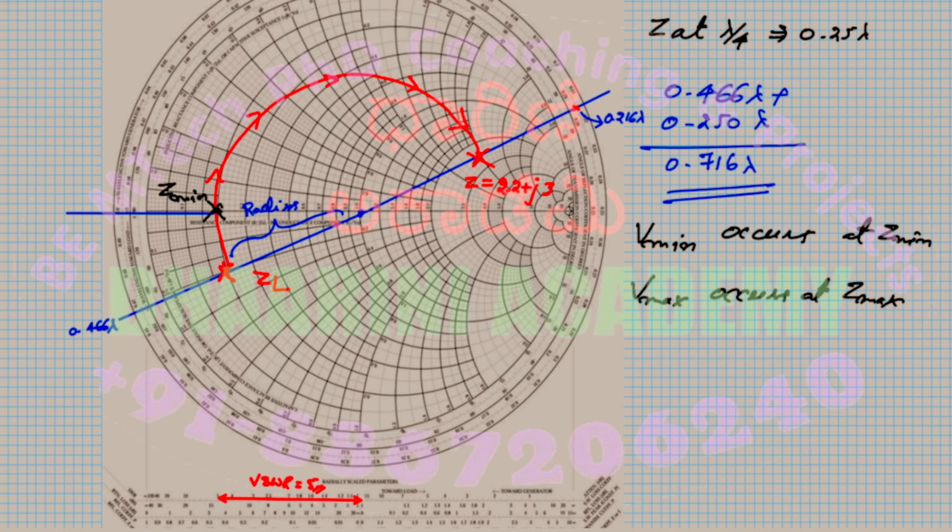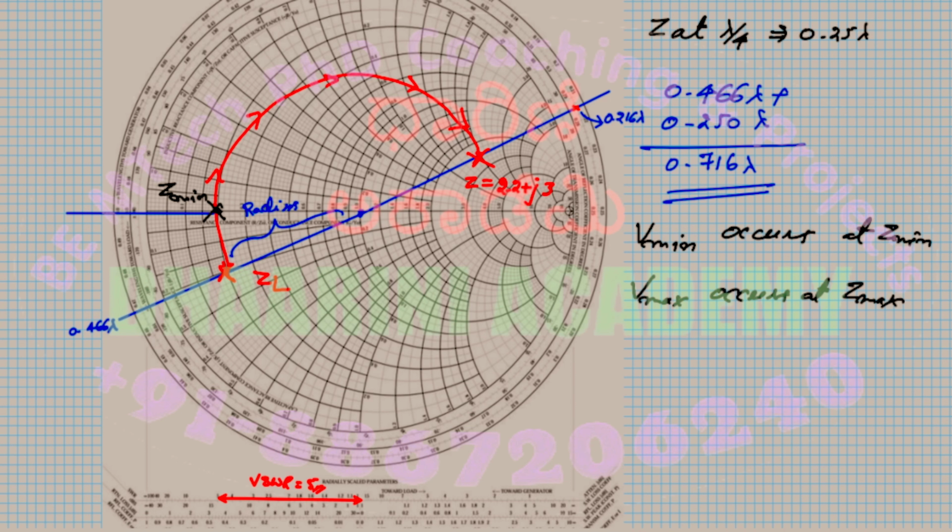So starting from 0.466, I move a distance to reach 0.5. So the distance is 0.5 minus 0.466. That's all. 0.034. So that is my measurement.